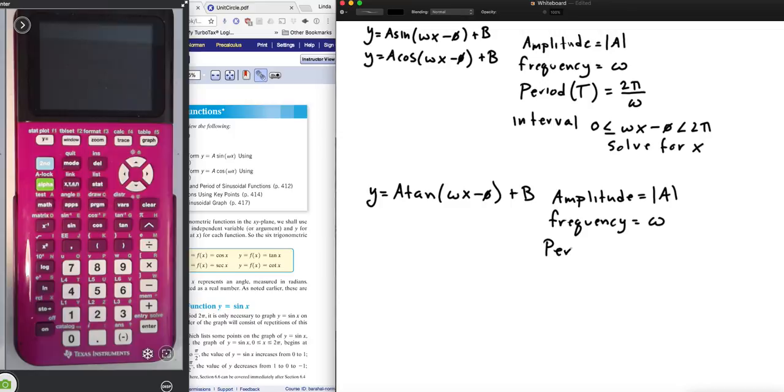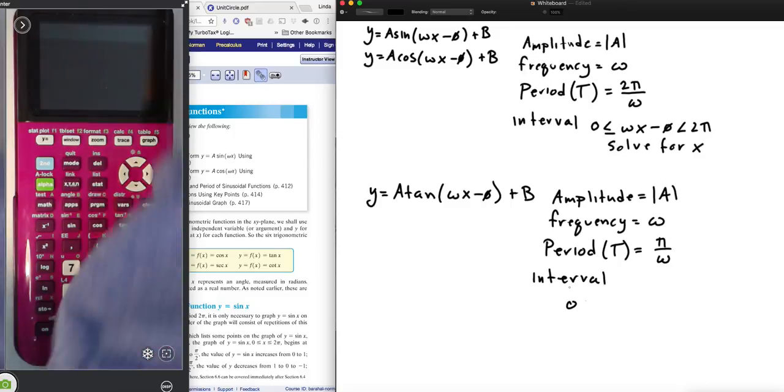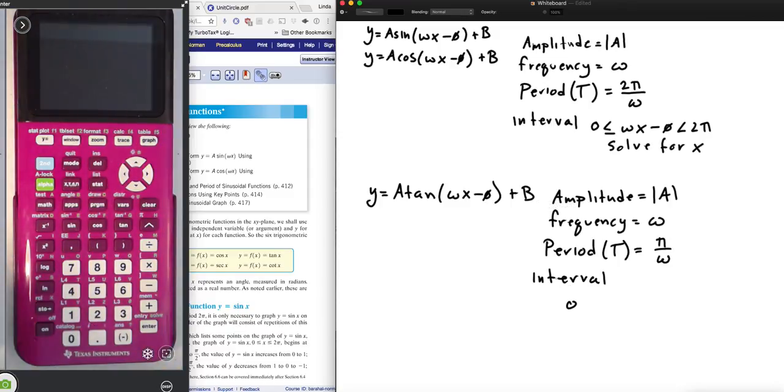The period, which is T, is pi over omega. And the interval is going to be 0. Nope, it's not going to be 0. The interval is going to be negative pi over 2 less than, again, whatever's inside, less than pi over 2, and then again solve for x.